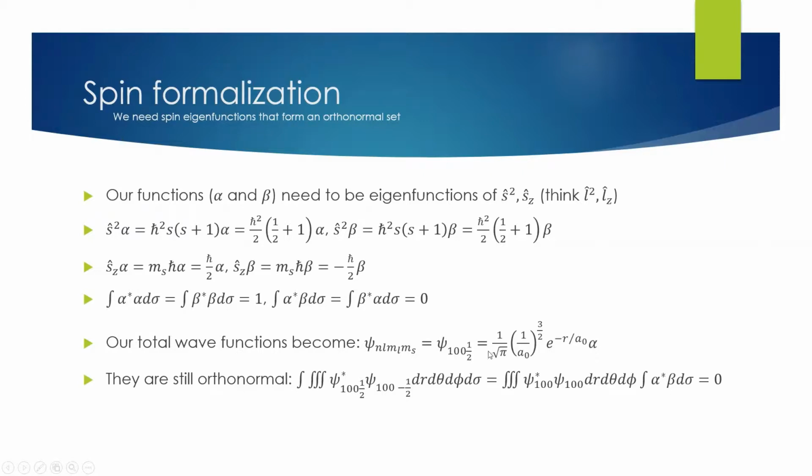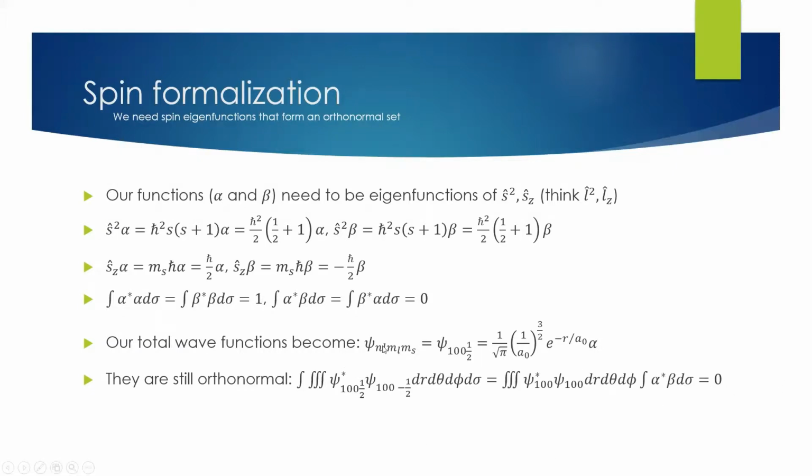I need to do this quadruple integral, which simply boils down to the triple integral that I had before. And remember, this integral, since this is the square of the magnitude of these wave functions over its respective area of integration, that gives me 1, because this is a normalized wave function. But now I have alpha star beta d sigma, and since those are orthogonal to each other, that gives me 0.